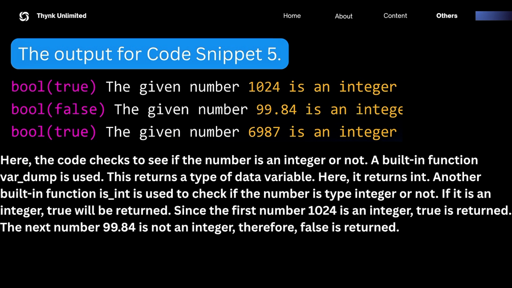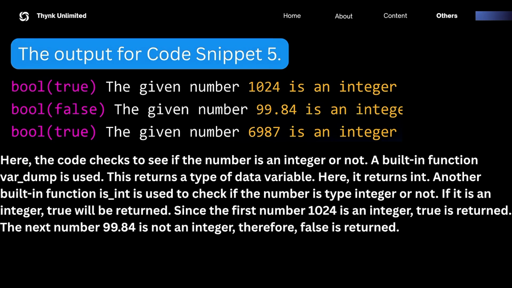Second output, bool false. The next variable, $2, is given the value 99.84, which includes a decimal point. This makes $2 a floating point number, a float, not an integer. When PHP checks it using is_int, it finds that the type does not match, so it returns false. var_dump displays this as bool false.